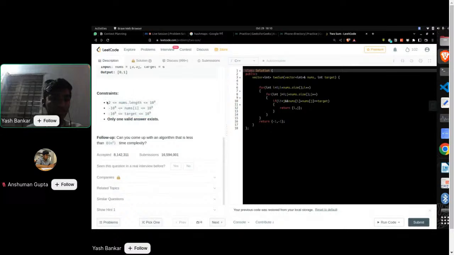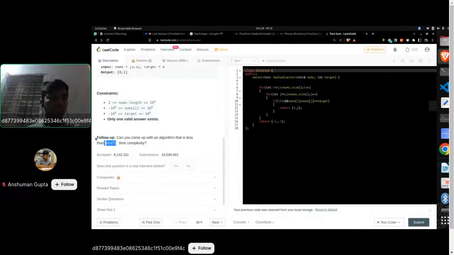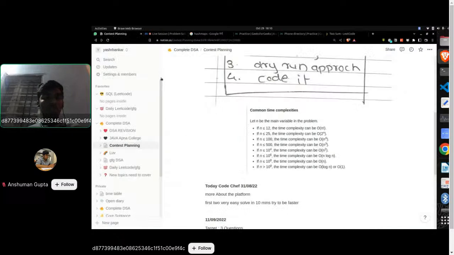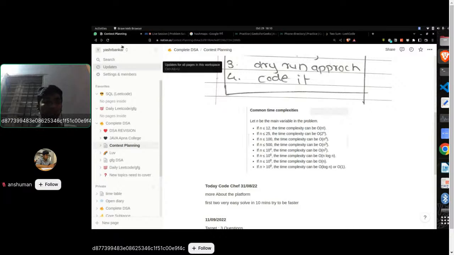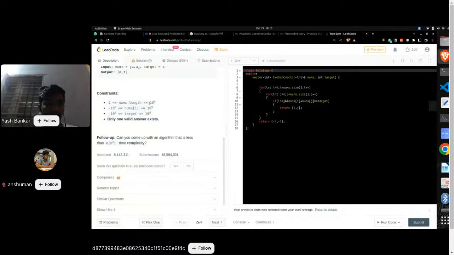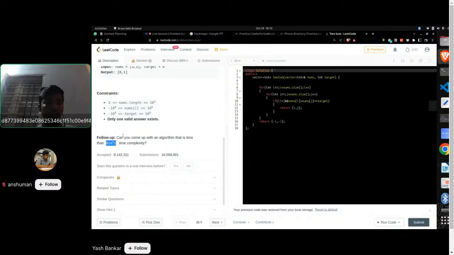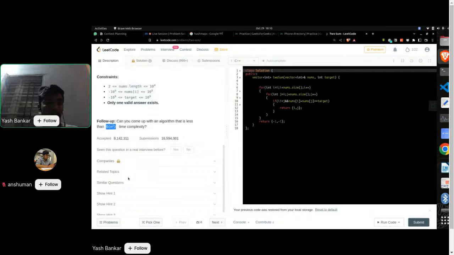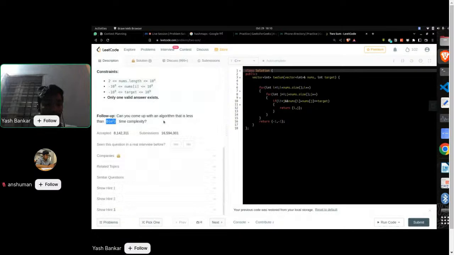And here the time complexity is mentioned, but sometimes the time complexity isn't given, just the constraints. So this is a chart for conversion between them. You can check that 10 raised to 4 is considered as n square. Here is 10 raised to 4, and you have to solve this question in time complexity of n square.